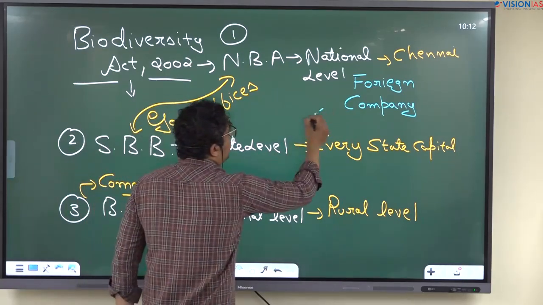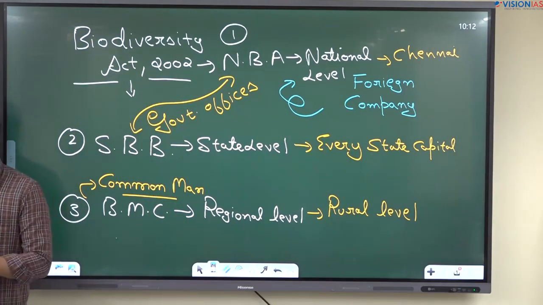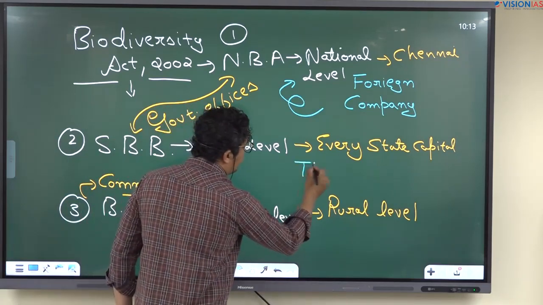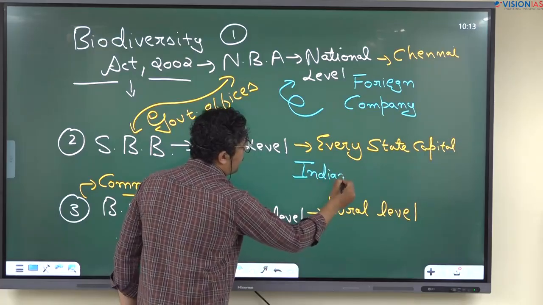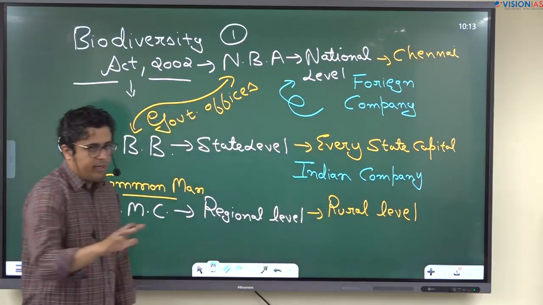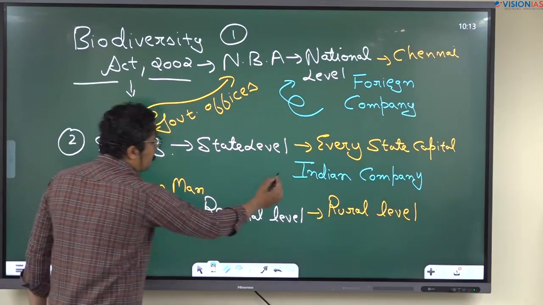What do they have to take permission from? They have to take permission from NBA. Now consider if the same work has to be done by an Indian company. If any Indian company wants to utilize India's natural resources for commercial purposes or research, from where do they have to take permission?